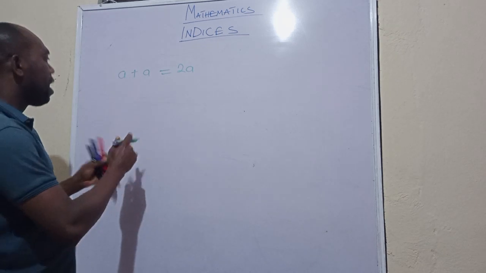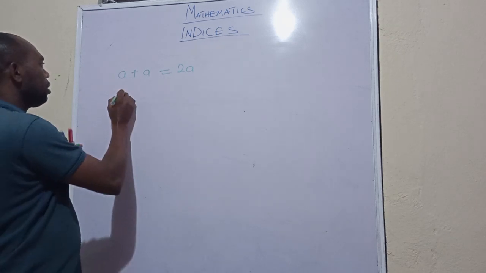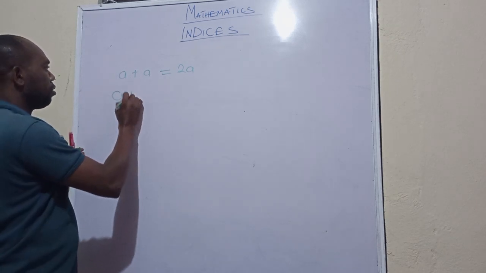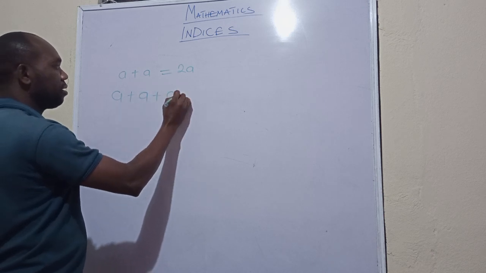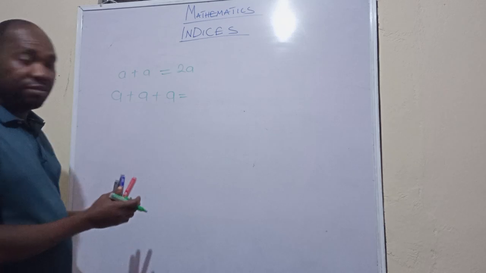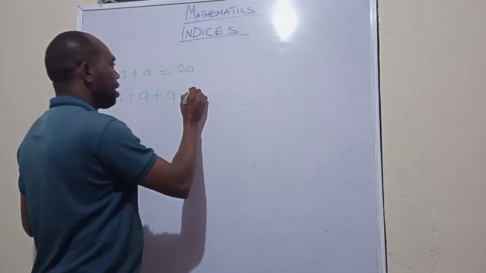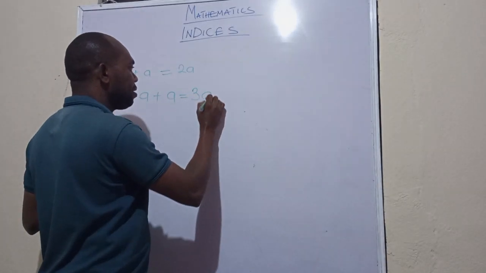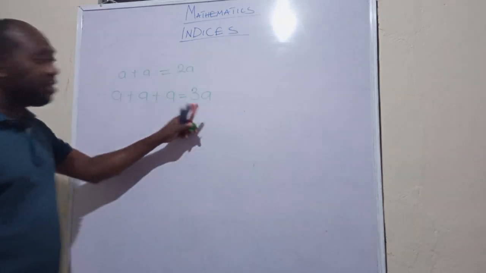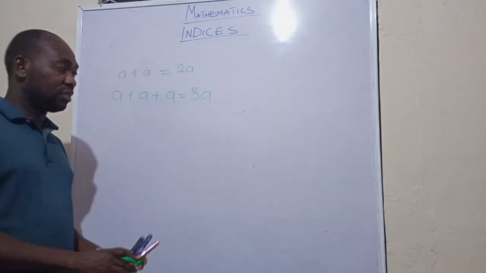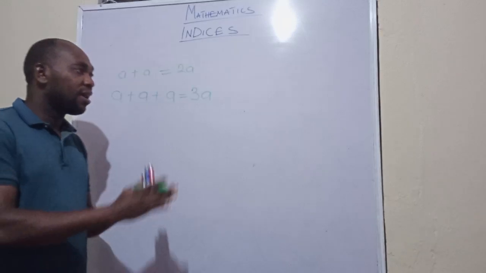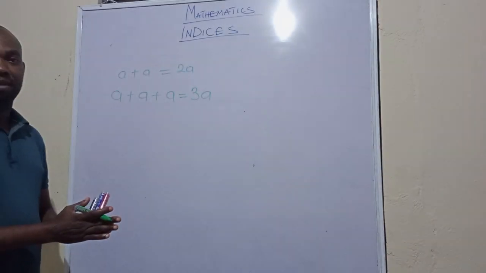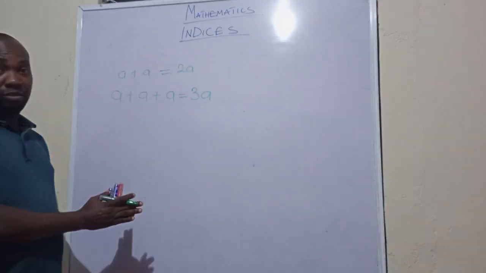And if we have A plus A plus A, it simply means 3A, telling us that 3 is the coefficient. That 3 means that A is added 3 times. That's what it tells us.